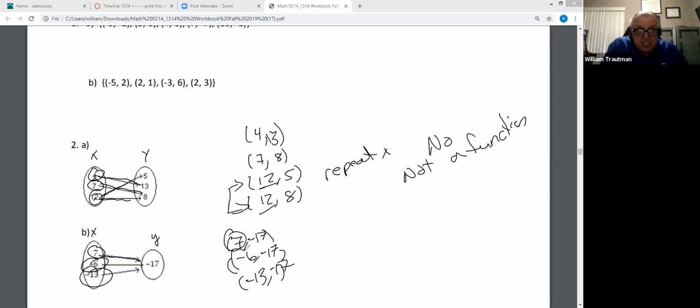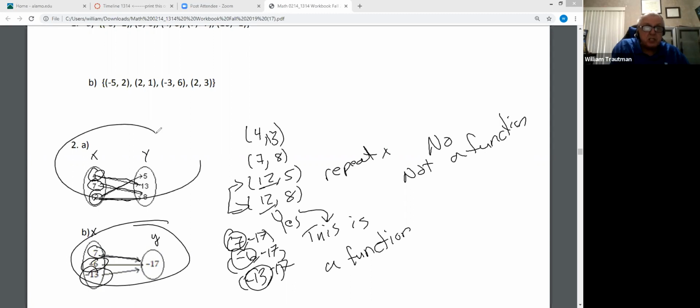But since the x values do not repeat, this is a function. Yes, this one is a function. This one is not. All right, so let's move on.